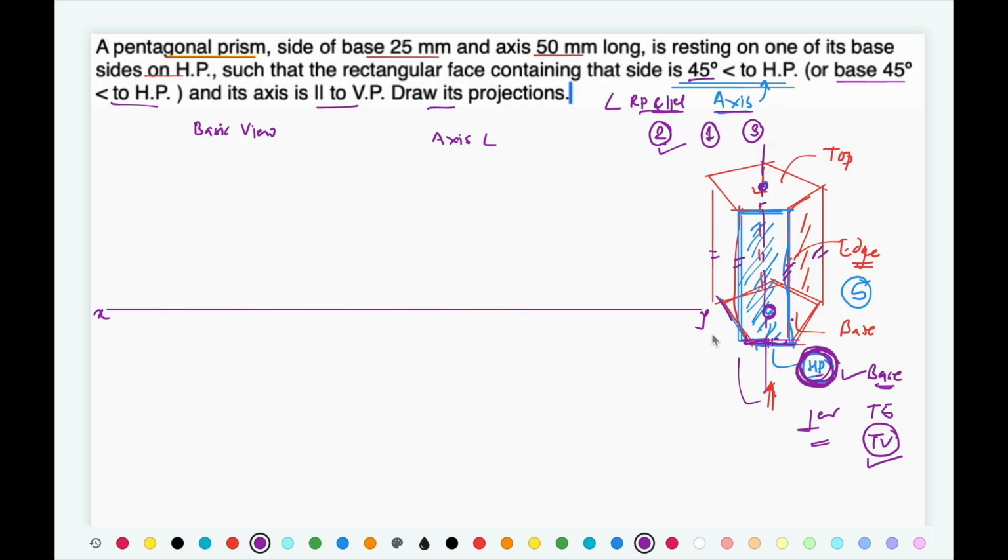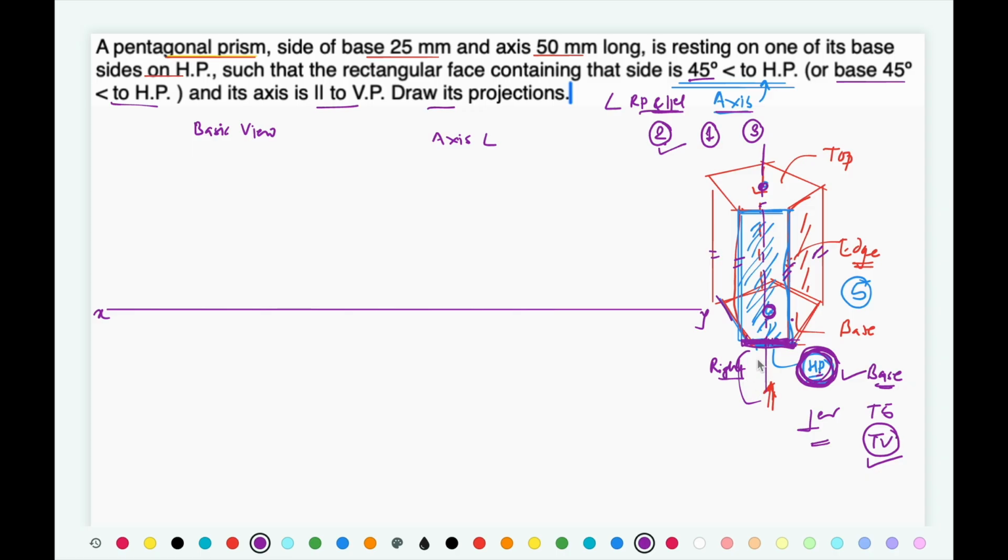Now while drawing that pentagon, additionally, the resting reference that you have identified, this side, is to be kept at the right hand side. In projection of planes, we used to keep that resting reference towards the left.